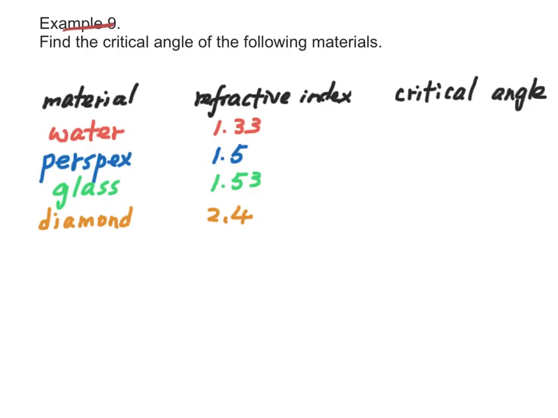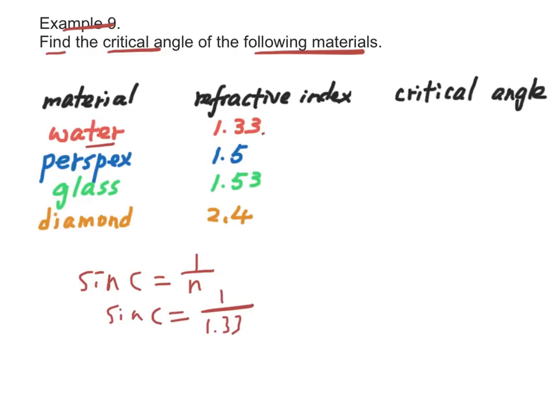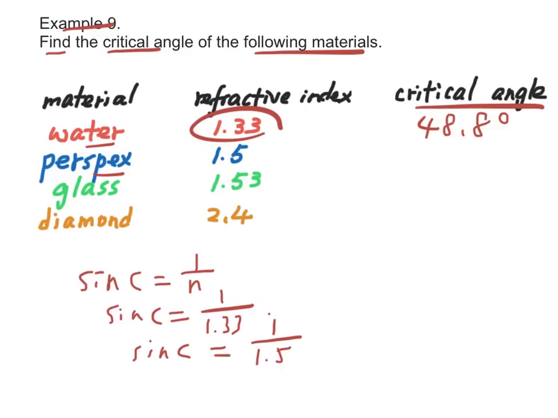Example 9. Find the critical angle of the following materials by using sine C equals 1 over n. For water, we have sine C equals 1 over 1.33. Therefore, the critical angle of water is equal to 48.8 degrees. For Perspex, we have sine C equals 1 over 1.5.